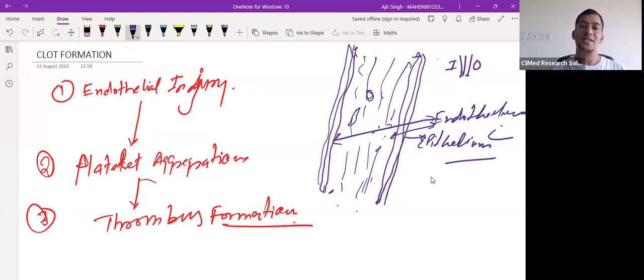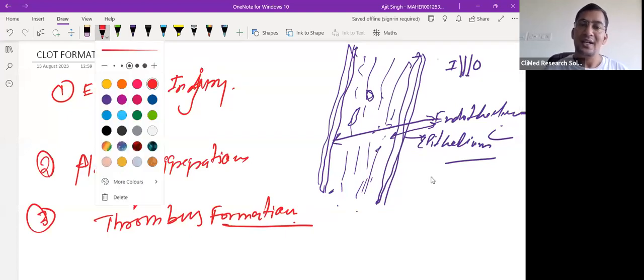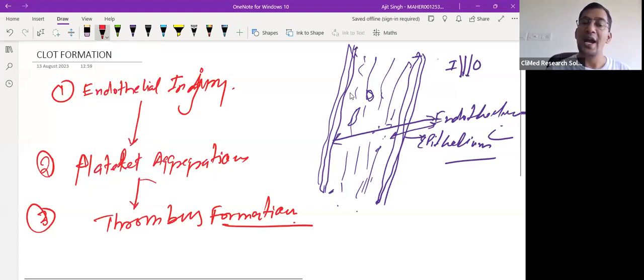So when I'm talking about endothelium injury, let's see how it happens. Guys, tell me, what could be the reasons for endothelial injury? Inside the vessel, blood is flowing, certain other compounds and elements are flowing. So why does this injury happen? What are the root causes?